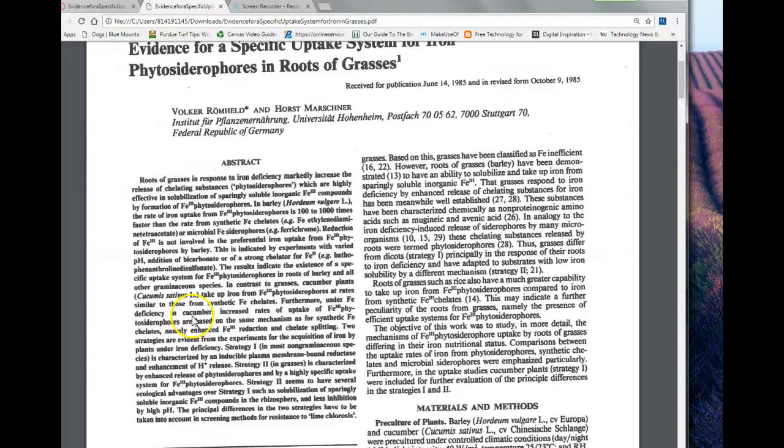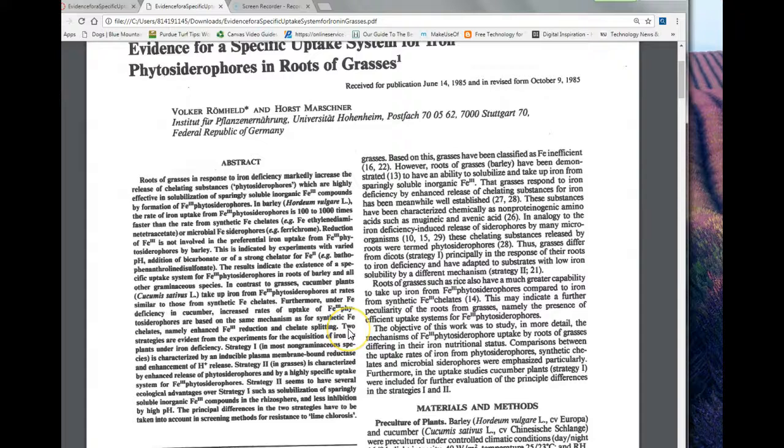Also, with iron deficiency in cucumber, the increased rates of uptake of Fe3+ phytosiderophores are based on the same mechanism as for synthetic chelates of iron. So, enhanced Fe3+ reduction and chelate splitting.